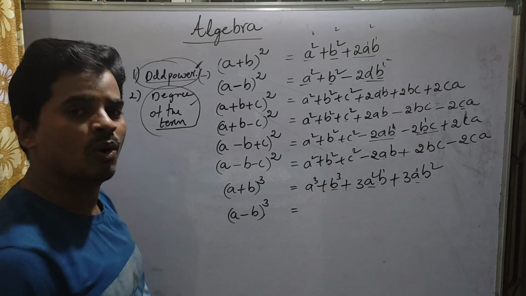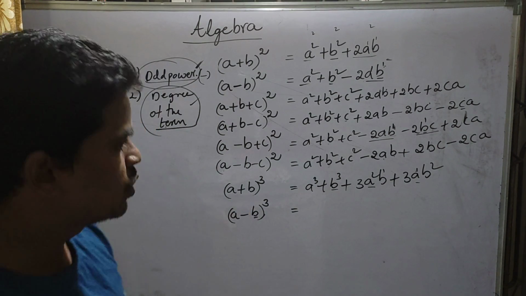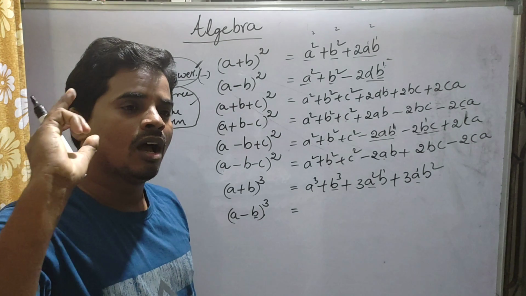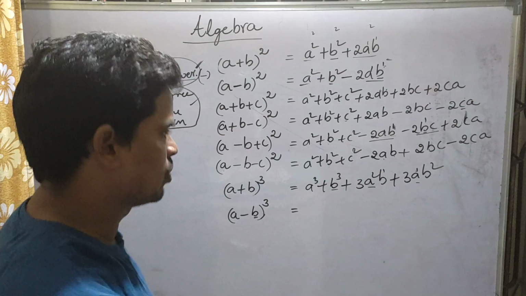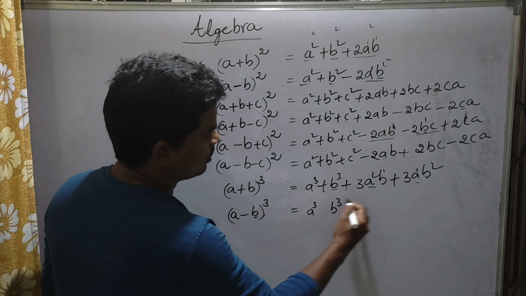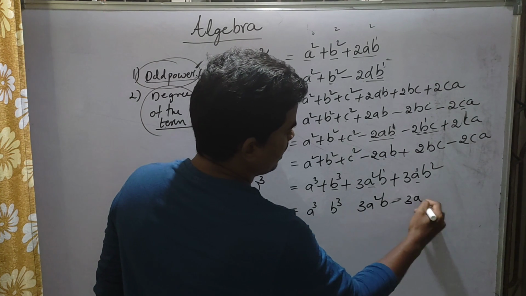Next, (a - b) whole cube. b has the negative. So in the expansion of the formula, where b has the odd power, there only we will get minus. Otherwise remaining all are positives only. First we write all the terms: a cube, b cube, 3a square b and 3ab square.